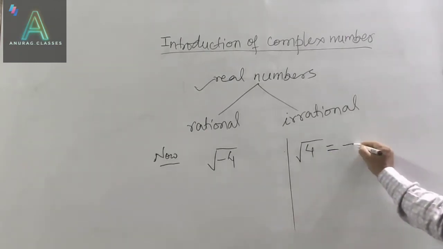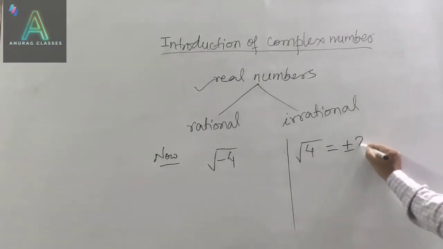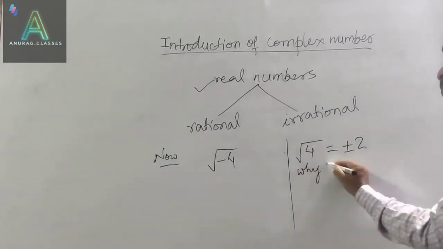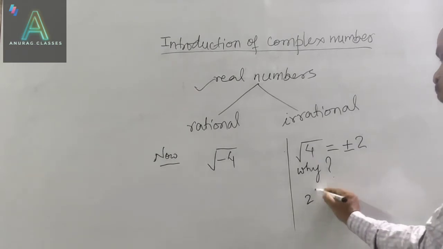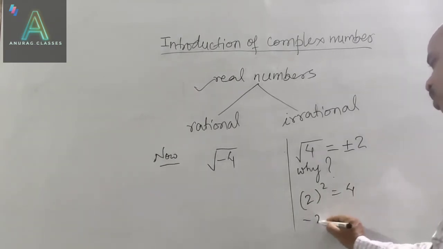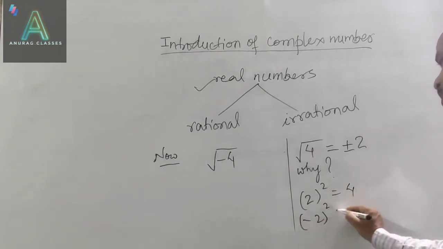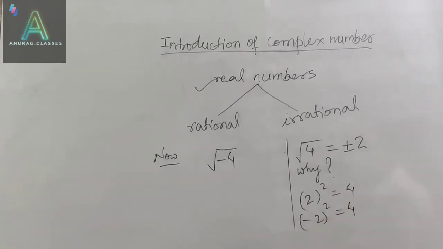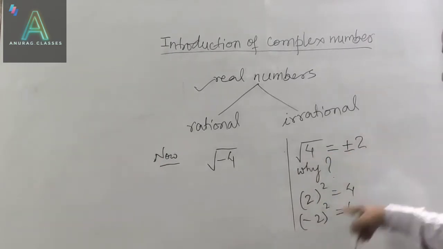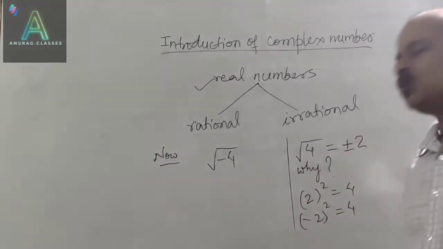Quickly you can say that the square root of 4 is plus minus 2. Why? Because the square of 2 is 4 and also the square of minus 2 is 4.